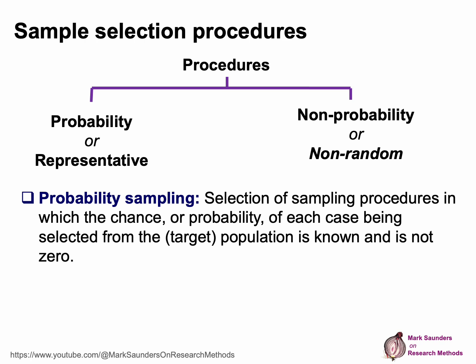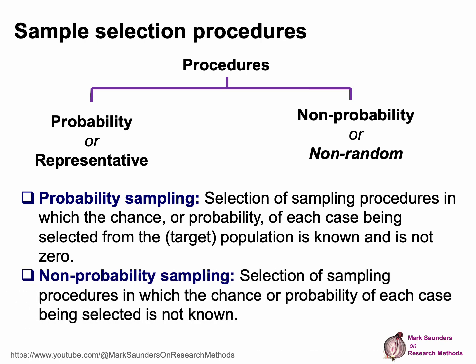So that means we need to have some form of list of the entire target population. Non-probability sampling is again a selection of sampling procedures in which the chance or probability of each case being selected is not known, and this is because we do not have a complete list of the target population.